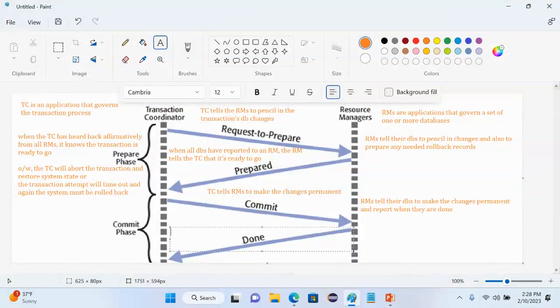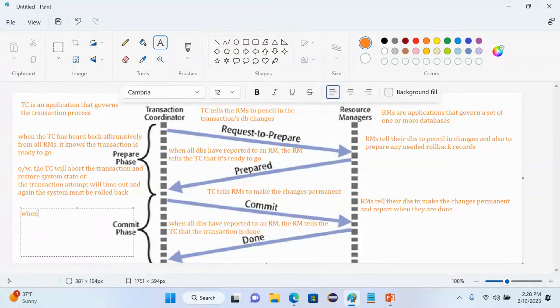And again, when all DBs have reported to the RM, the RM tells the TC that the transaction is done. Okay? Because if all the changes have been made permanent, then we know that things are fine, right? The transaction is done. There's no problem.